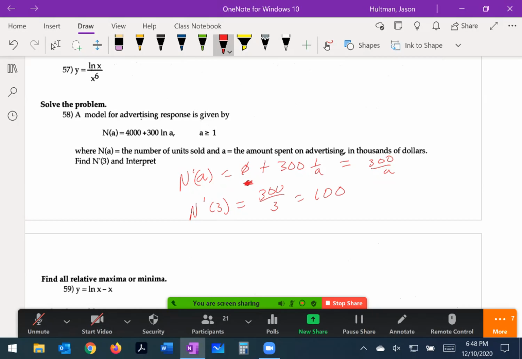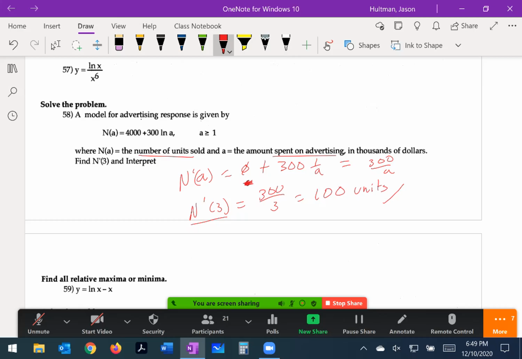This is a rate of change of N, the number of units, per A, the amount spent on advertising. So this is 100 units per thousand dollars.